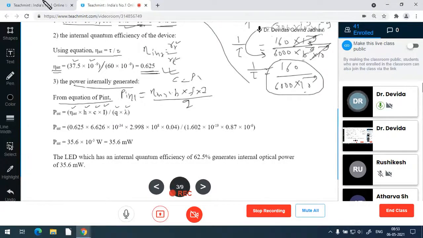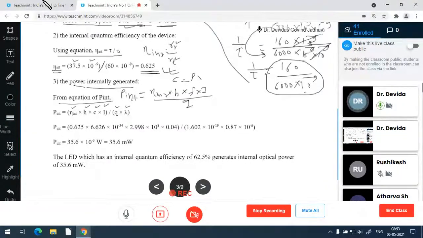So the first equation is P internal equals eta internal H F I divided by Q, and the second equation is P internal equals eta internal H C I upon Q lambda.